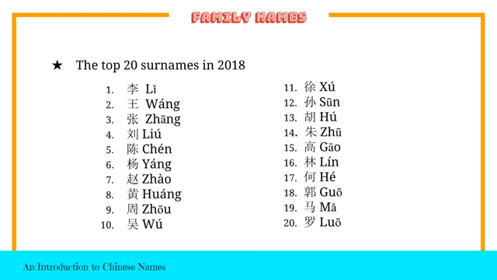Okay, those are the top 20 surnames in 2018. Many of them, right? Do you happen to know anybody with one of the surnames in the list? Let me know.